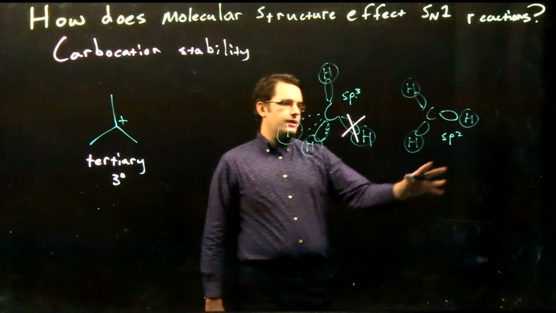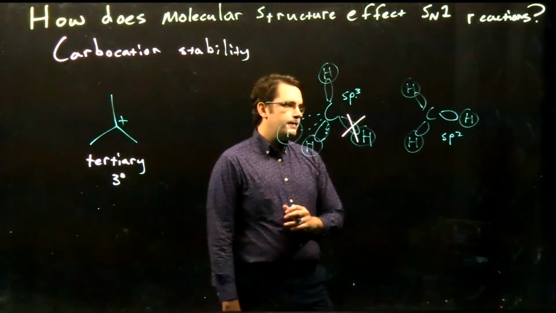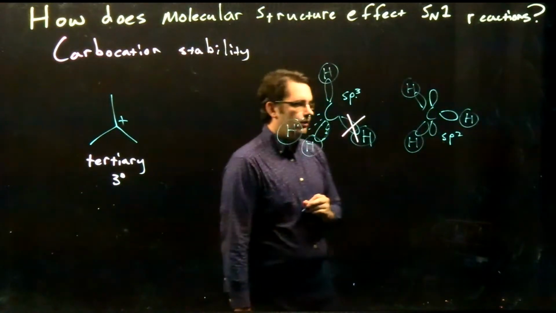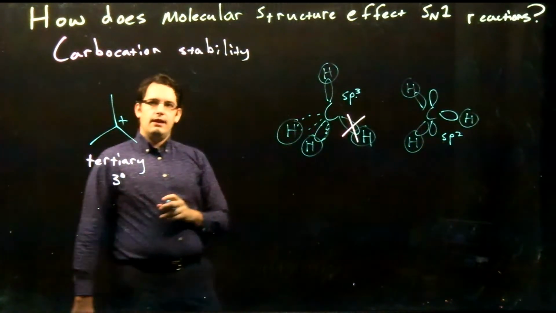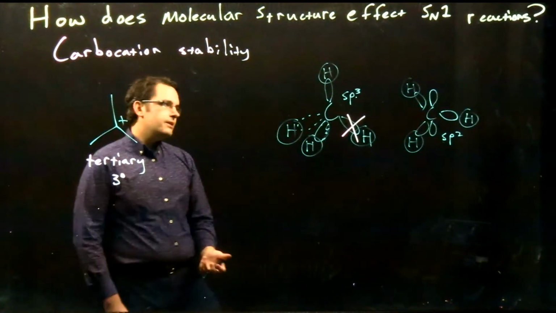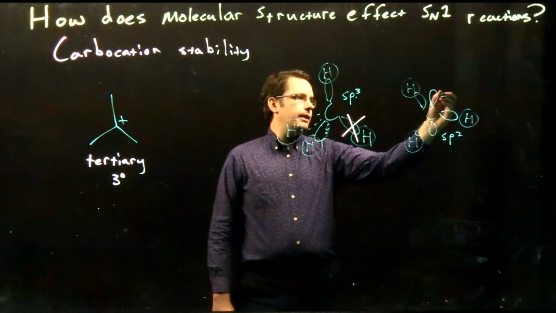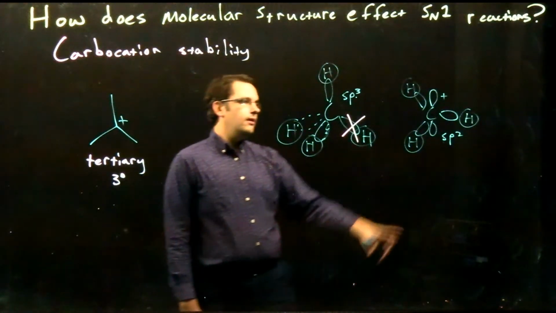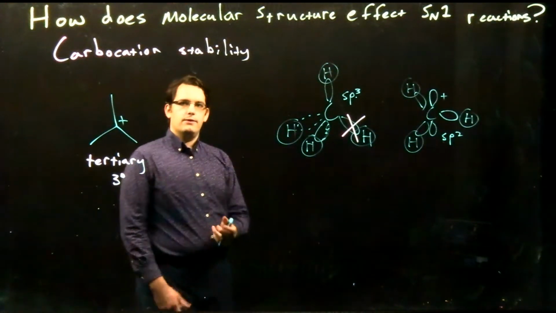So our carbocation actually becomes sp2 hybridized, and we end up with an extra p orbital that's left over that has nothing to bond to. So this just is an empty orbital because we don't have the electrons to fill it. So we get this empty orbital with a positive charge associated there.